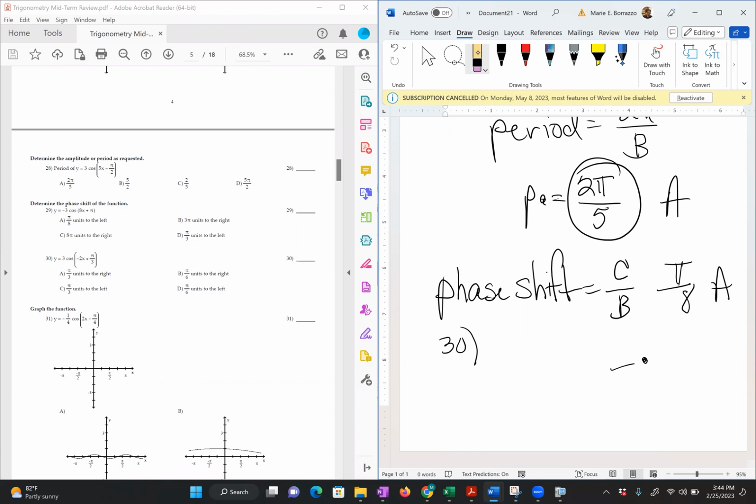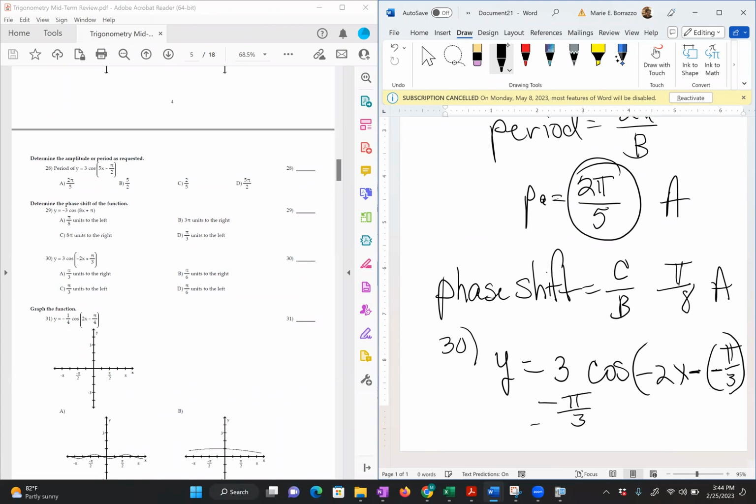I am purposely being very relaxed and kind of slow because I want you to relax when you take the test. So here's negative 2x. Remember, this is minus pi over 3. So when I do C over B, I have minus pi over 3 over negative 2 over 1. When I do the keep, change, flip, the negatives cancel out, and you're left with pi over 6. Remember, keep, change, and then flip. That's why that's 6.